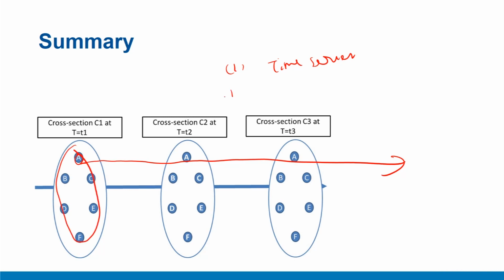And lastly, we discussed panel or longitudinal data, wherein we combined the characteristics of time series and cross section. We collected the information about all the units or individuals of interest over multiple time periods, and we call this panel or longitudinal data.